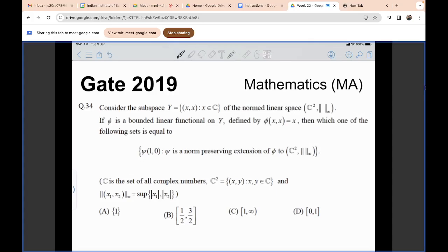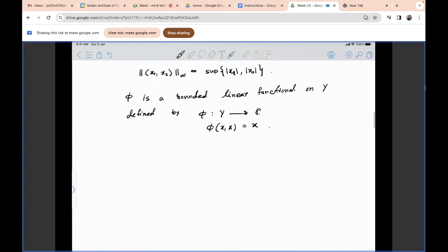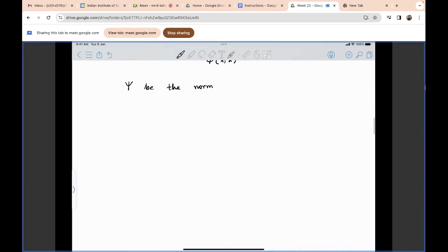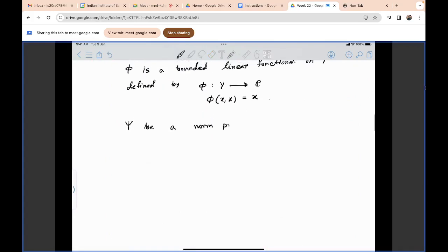Then let psi be the norm-preserving extension of phi to whole C2.